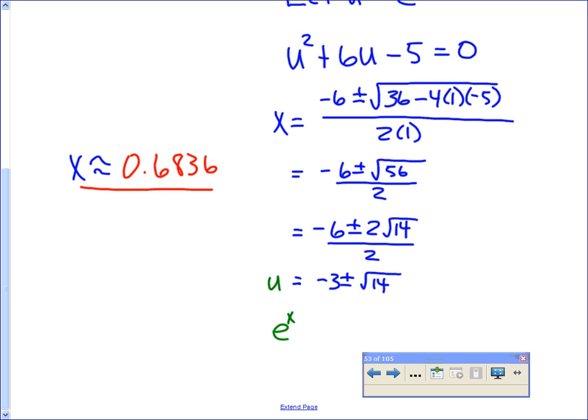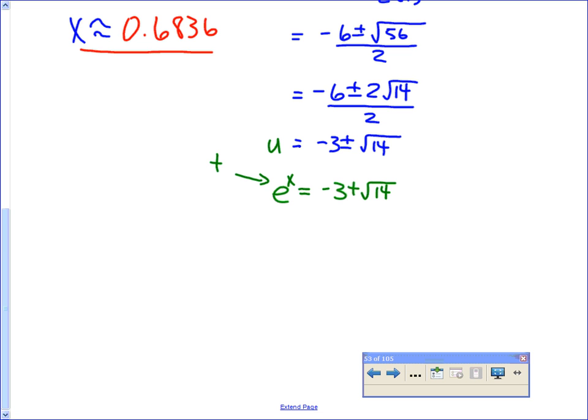And u is e to the x. So let's replace that. So we have this plus or minus the square root of 14. Okay. Now what I'm trying to say here is e to the x is always going to be a positive value, okay? So that means that we don't need the negative result here. We just need this. Okay, so e to the x is that.